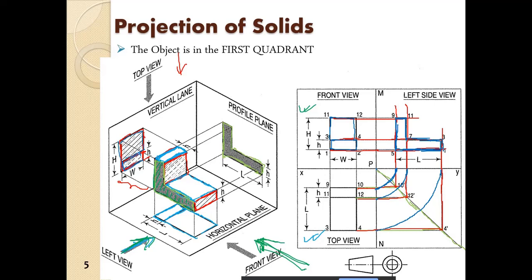So what we are seeing in the front view is this surface and this surface. Then in the top view, we are seeing only this surface and this surface over here. So that is the top view.